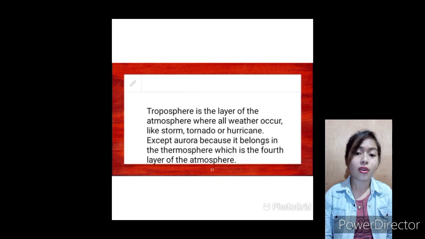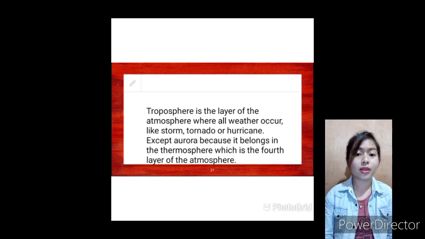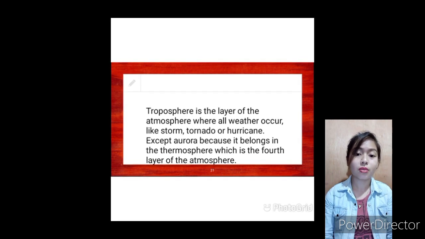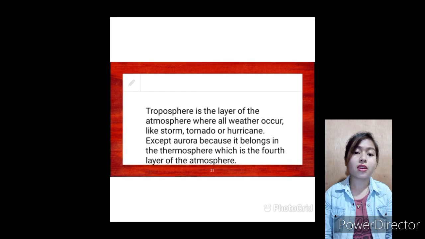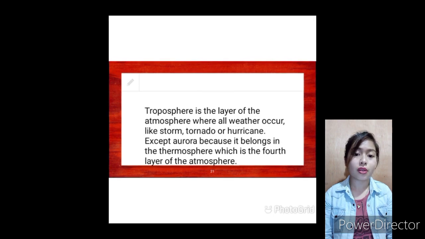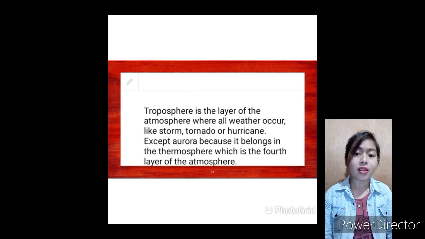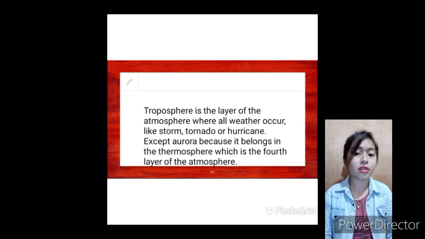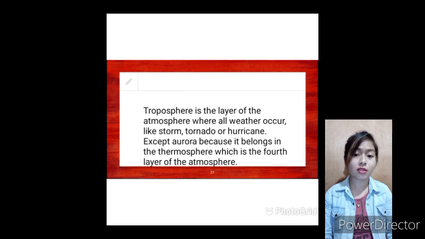And aurora is an exception to it because it belongs in the thermosphere. And the sequence of the 5 layers of the atmosphere starts from the troposphere, next is the stratosphere, the mesosphere, the thermosphere, and the last one is the exosphere.